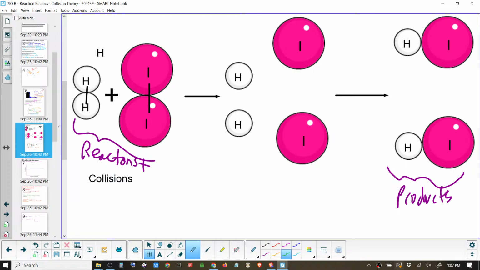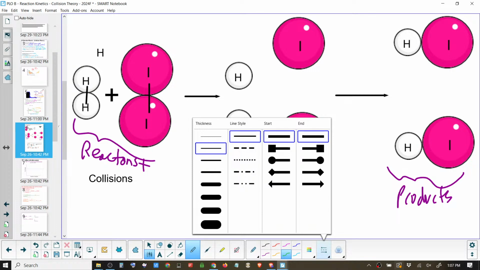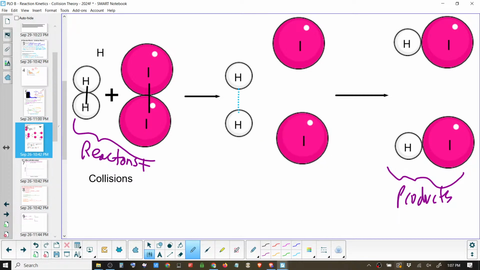One of the things you have to add in here, let's go with a dotted line, and let's make it blue and dotted, is that the bonds here aren't quite broken, so you have the old bonds, and you have the new bonds.